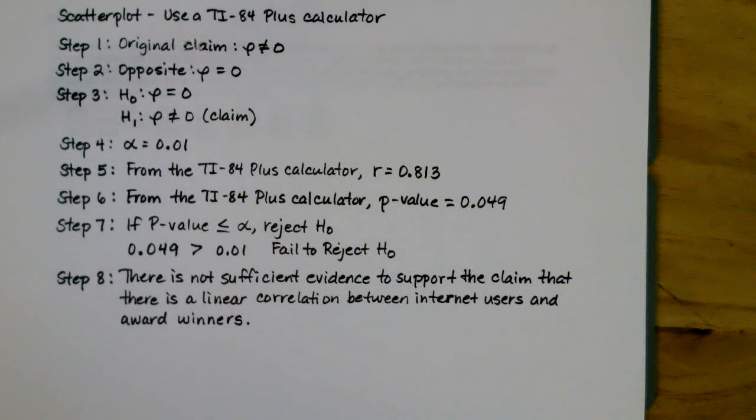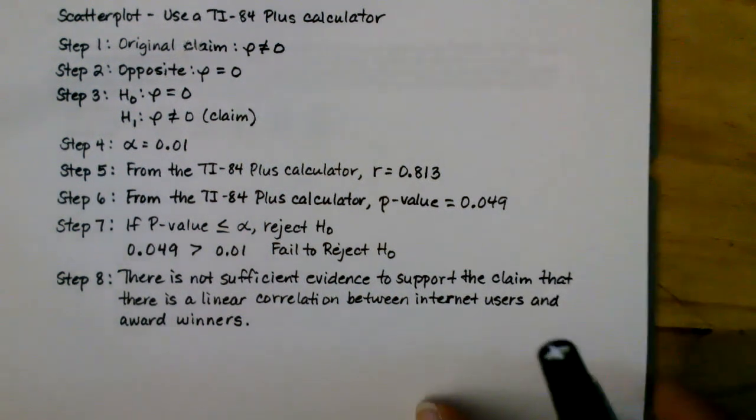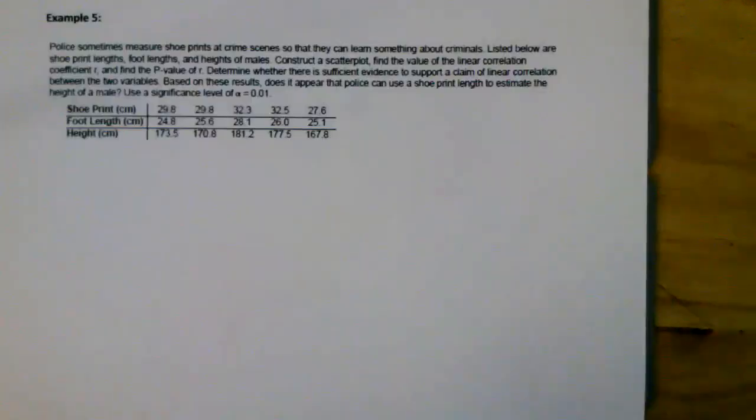All right, now let's look at example 5. And this is the last example in this video, by the way. Police sometimes measure shoe prints at crime scenes so that they can learn something about criminals. Listed below are shoe print lengths, foot lengths, and heights of males.